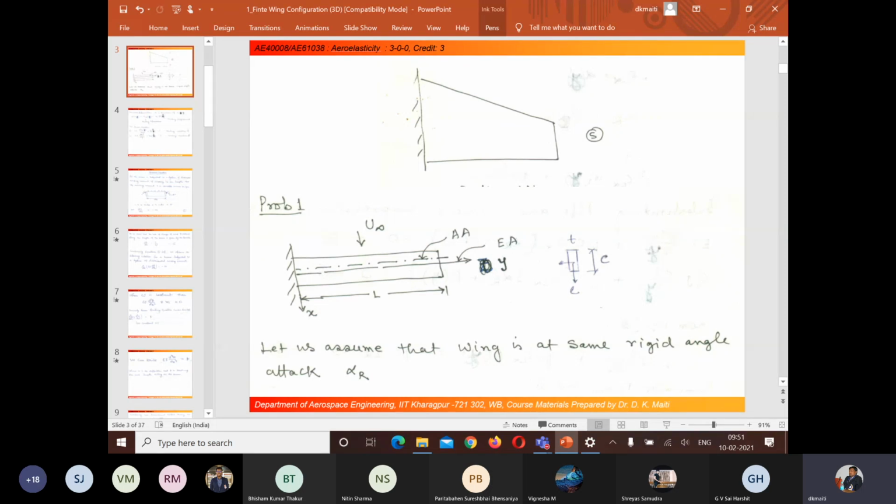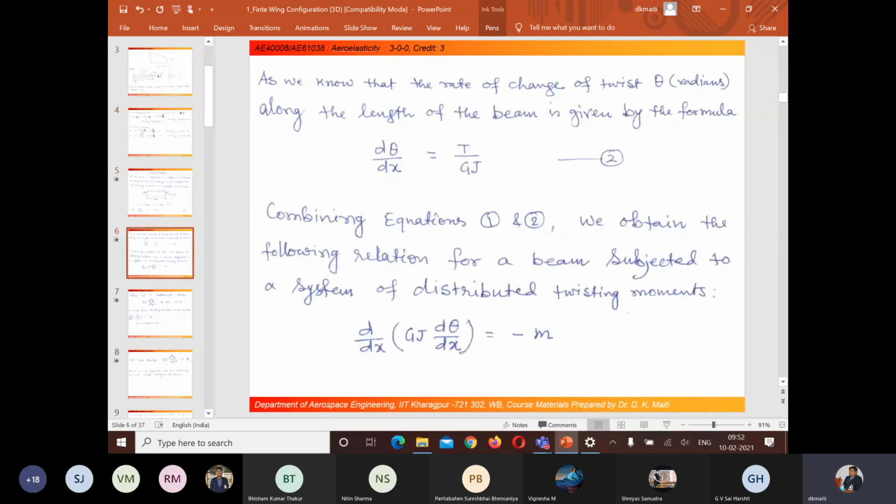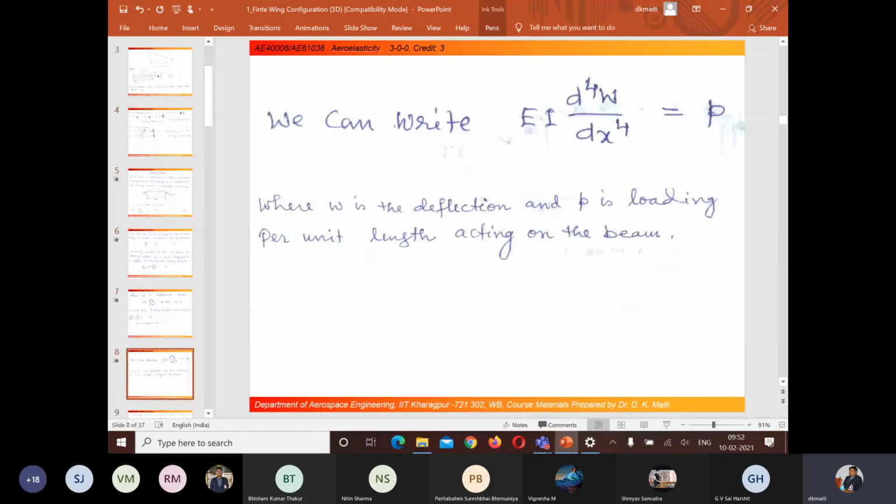Now this becomes a cantilever wing idealized as a cantilever beam model, where the fuselage is considered rigid and the wing is fixed at that point. So I apply the fixed boundary condition there, and at the free end I apply the free boundary condition. That way I take the equilibrium equations and get the solutions.